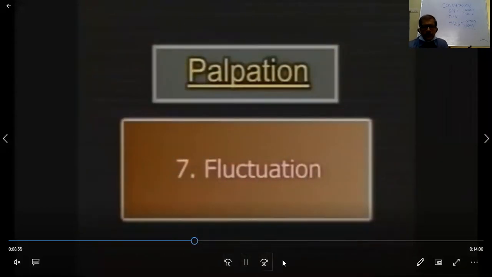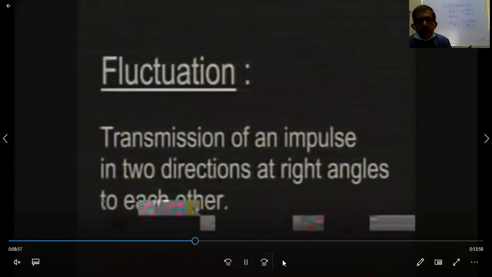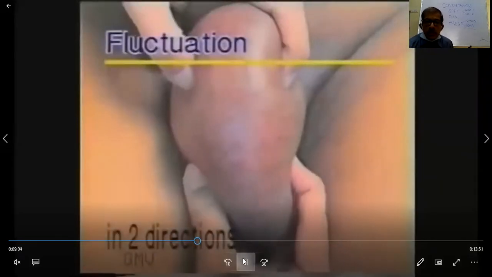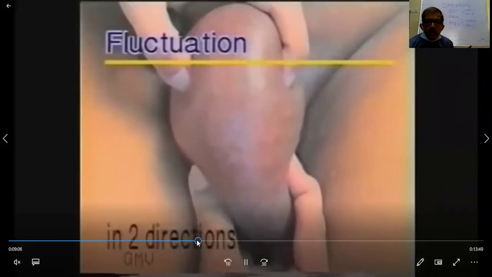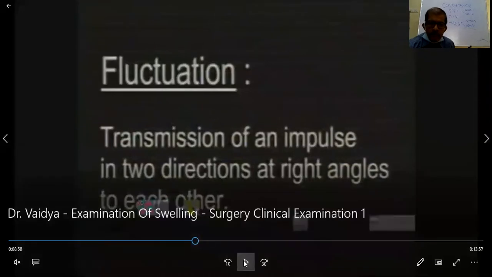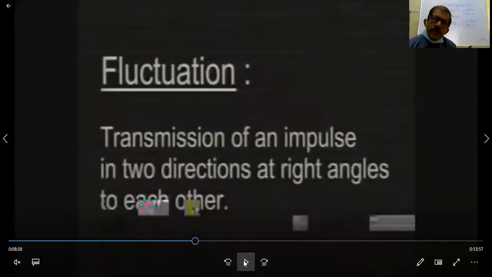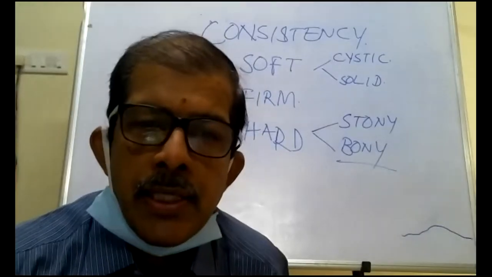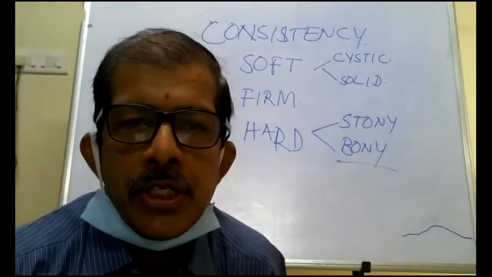So now see the fluctuation. So what is fluctuation? Transmission of an impulse in two directions. You are supposed to see in two directions. That is very, very important, at right angles to each other. Can you tell me, if it is fluctuant in one direction, what do we call that fluctuation?